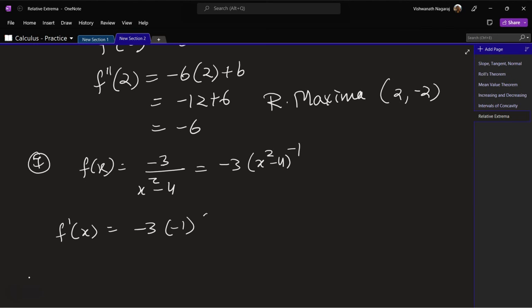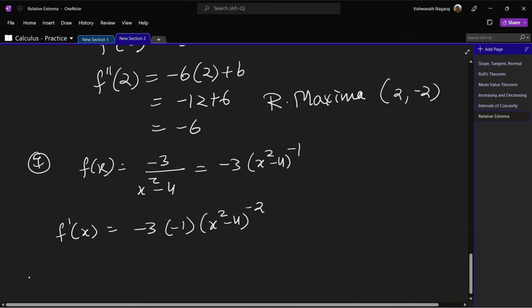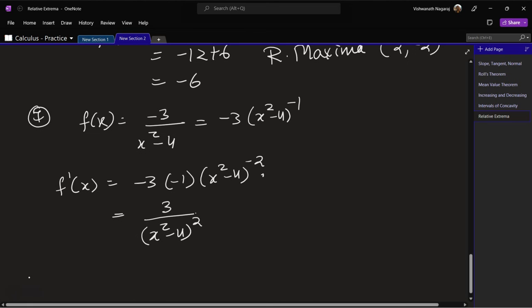So minus 1 times x square minus 4 to the power of minus 2, which can be written as 3 by x square minus 4 whole square. And don't forget that we have to differentiate x square. So we get 2x times 3, which gives us 6x divided by x square minus 4 whole square.